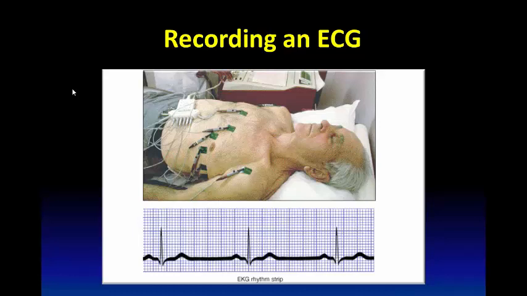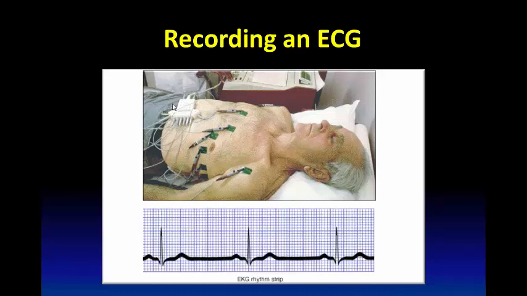So what we actually do in practice, we place the active electrodes at all the 9 recording points on the body, and we press the ECG machine and the 12 ECG leads will come out of the ECG machine.